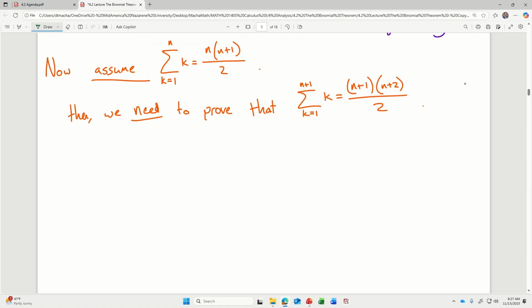All right. So consider we've got the sum from k equals 1 to n plus 1 of k. This is going to be equal to the sum where k goes from 1 to n of k, plus n plus 1.